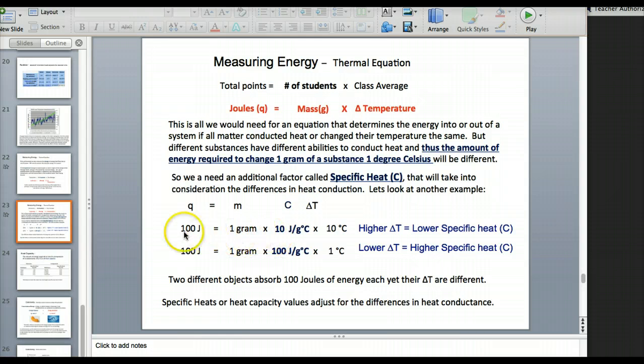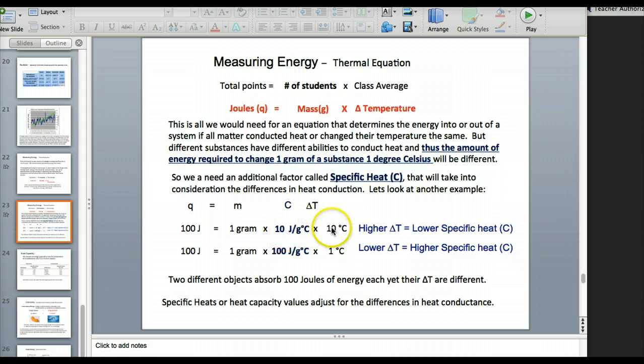Okay, and case in point, if I have 100 joules of energy going into, let's say, a piece of metal or a piece of wood, the temperature change of the metal, let's make the top one the metal, is 10 degrees. Whereas the same energy that goes into a piece of wood, which we know is a terrible conductor, that's why it's an insulator, is 1 degree Celsius. So everything being the same gram, same energy, it's clear that there's a factor of 10 difference between specific heats.